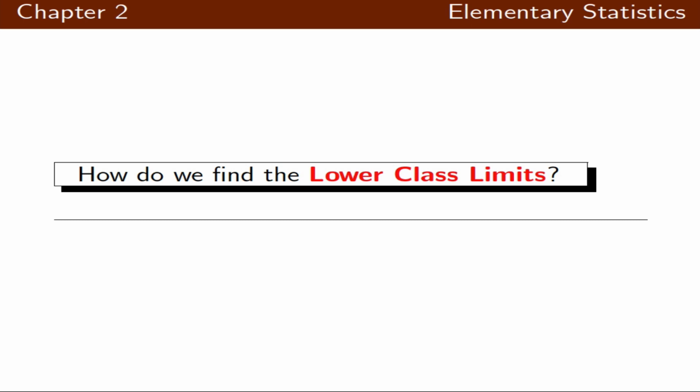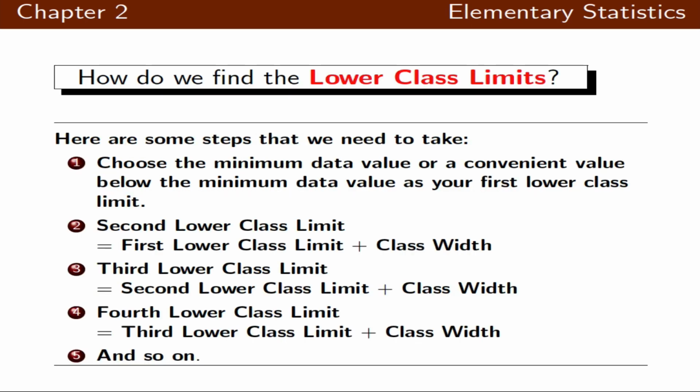Now we're going to work on how to find lower class limits and upper class limits. The lower class limit is usually the minimum data value or a convenient value that will be given in the problem. In order to find the next lower class limit, we basically add the class width.